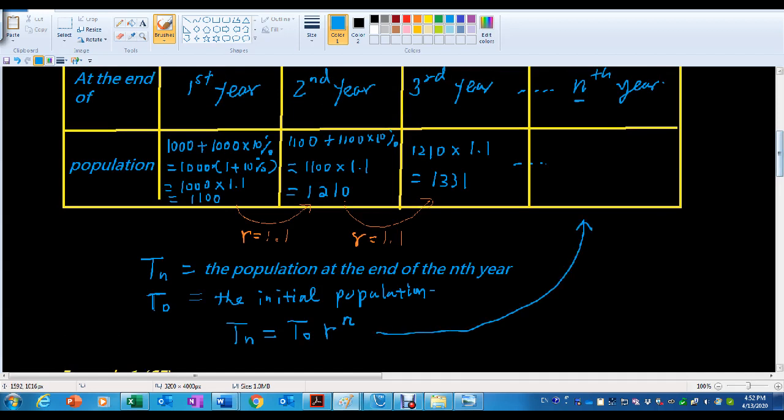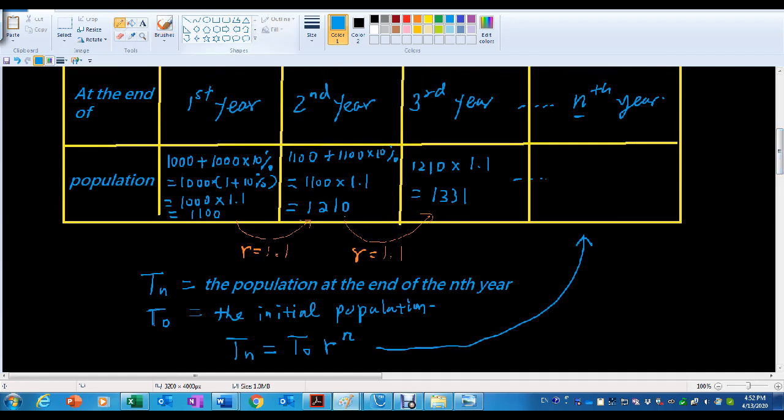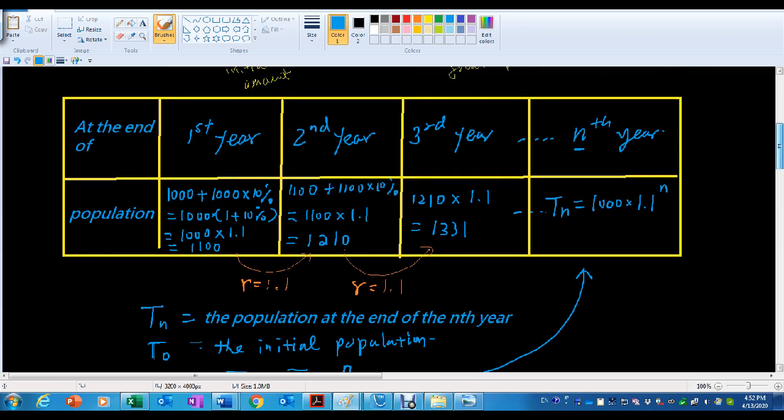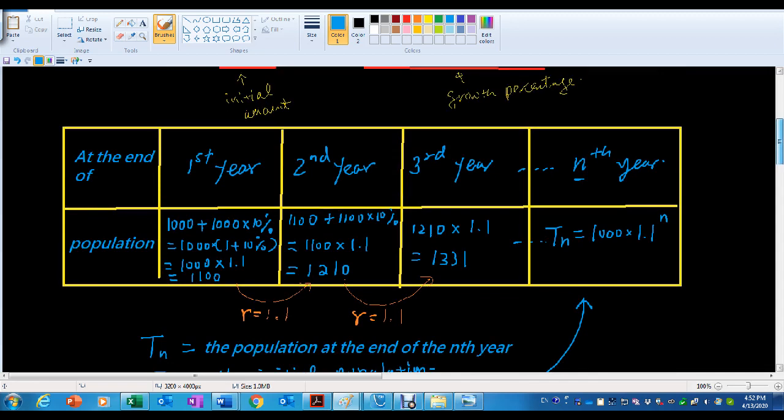For here, the general expression for the population at the end of the nth year is Tn equals T0, which is 1000, times R, which is 1.1, to the power n.